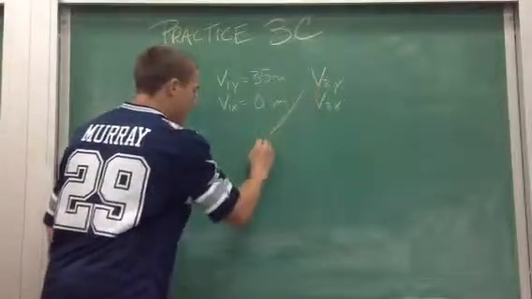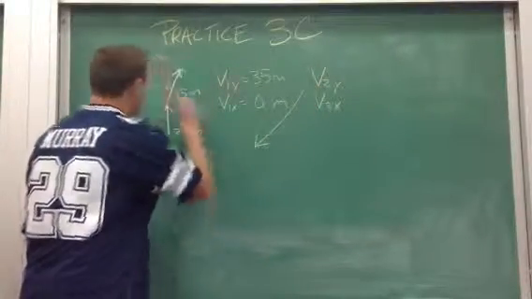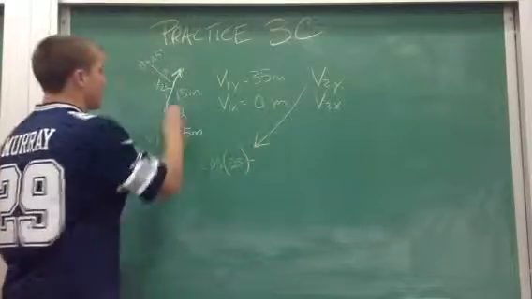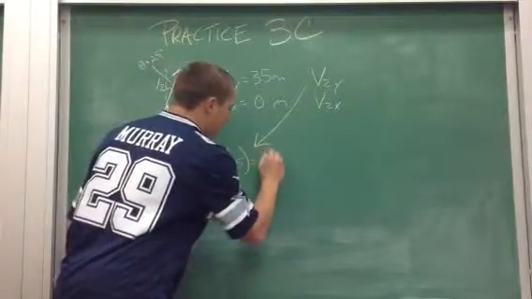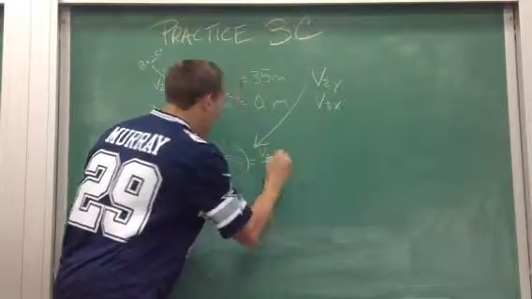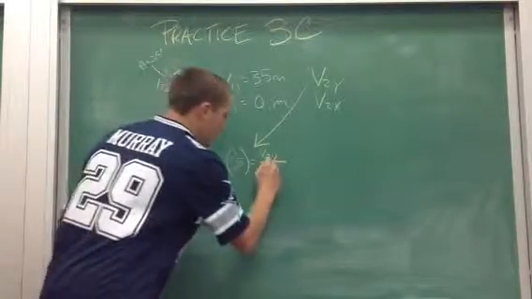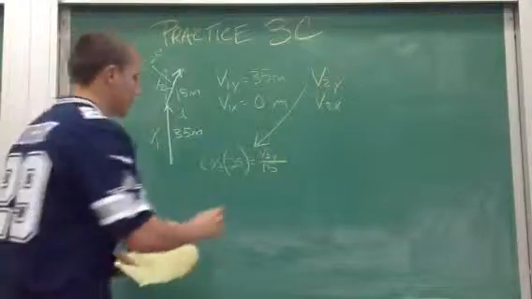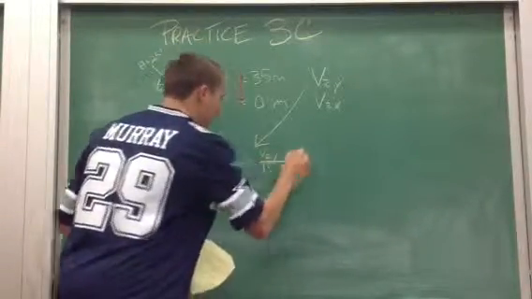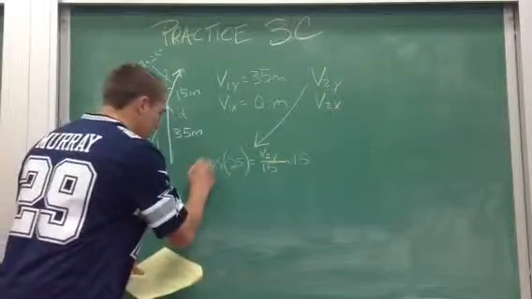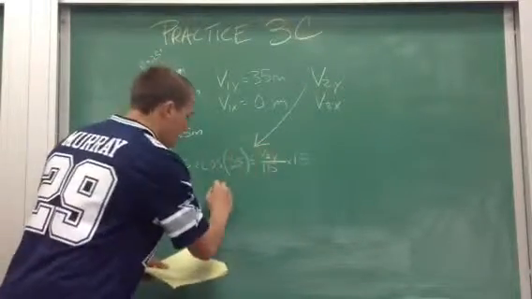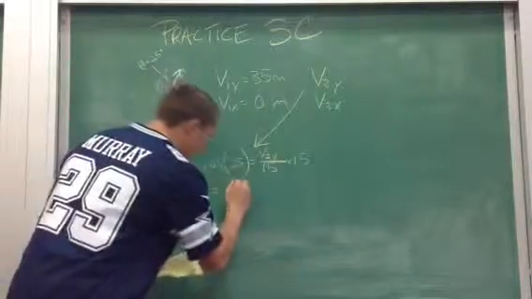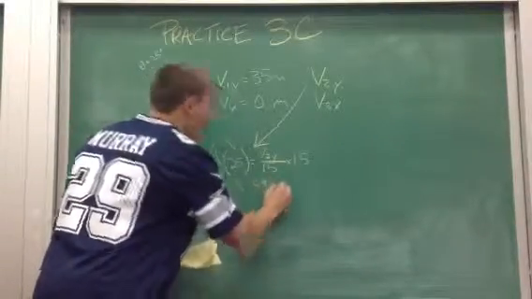Cosine 25 degrees equals adjacent, which is vector 2 sub y, over hypotenuse, which is the displacement of vector 2, 15. Let's multiply both sides by 15 to get vector 2 y component by itself. When we put this in the calculator, we get 13.59 meters. I'm going to put that right up here.